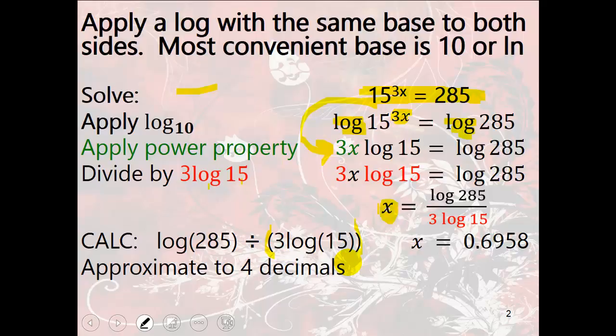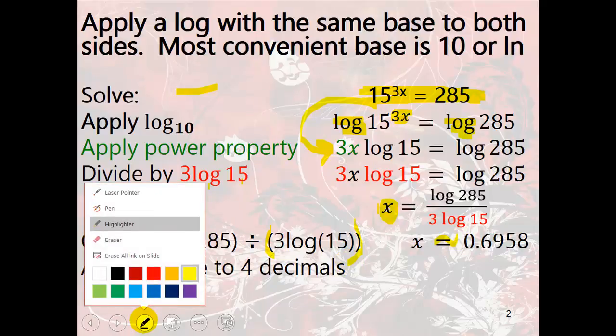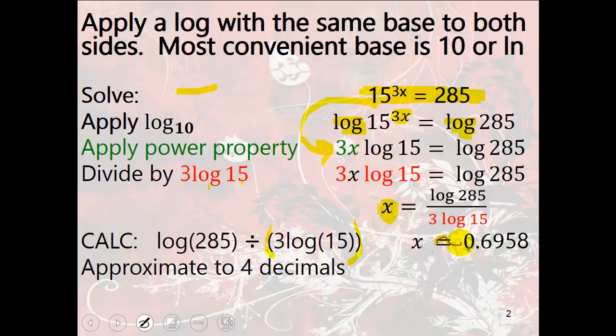And then when I do that, it is approximately equal to 0.6958 when I approximate to 4 decimal places.